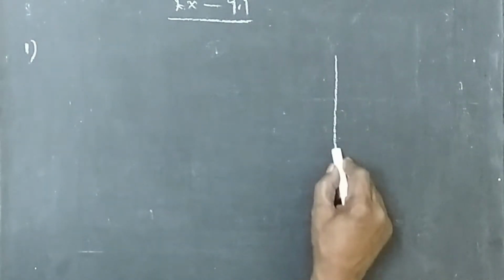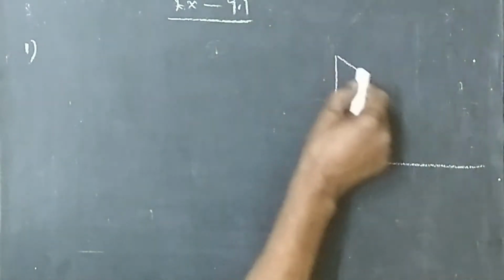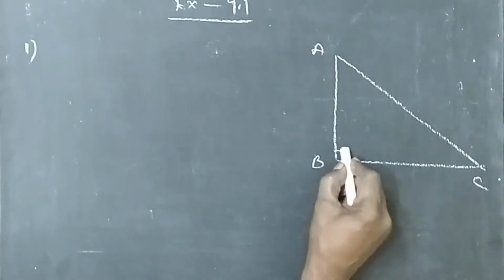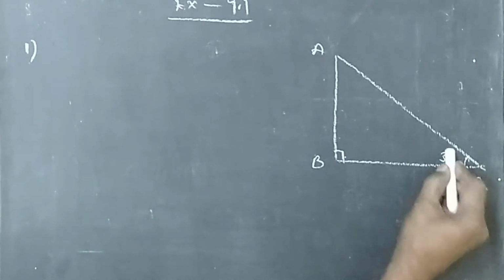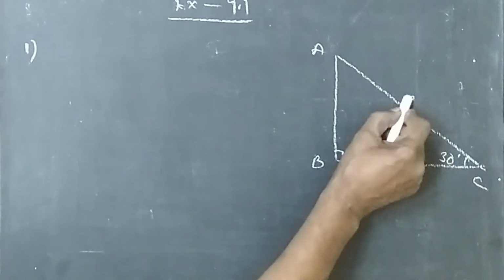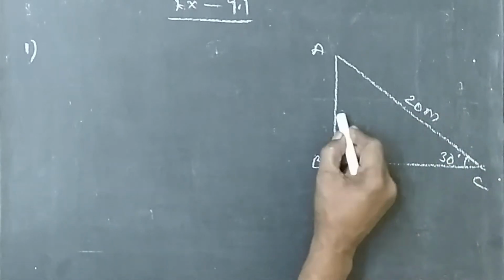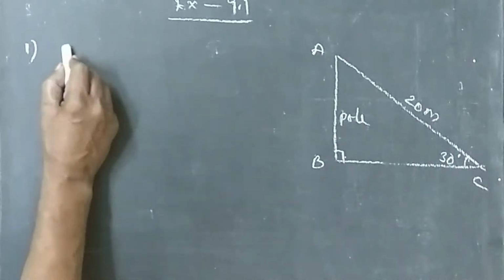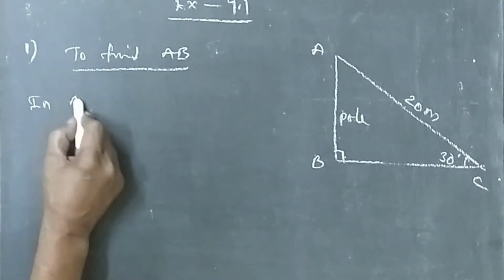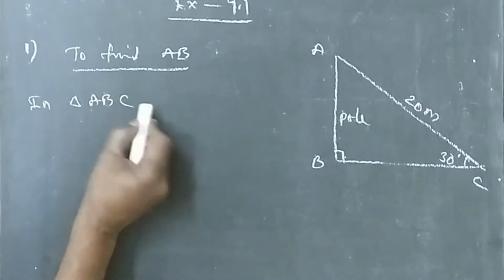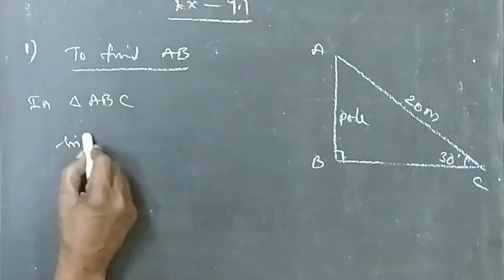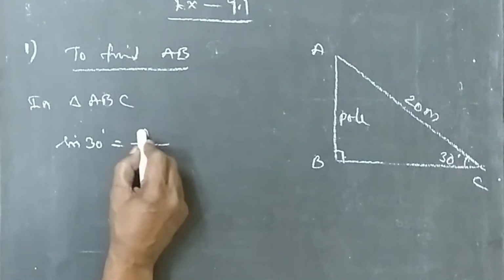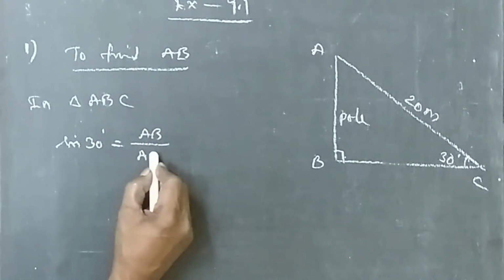So the figure of the first one: triangle ABC, B is right angle, C is 30 degree and AC is equal to 20 meter. To find the height of the pole, in triangle ABC, sin 30 is equal to AB by AC.